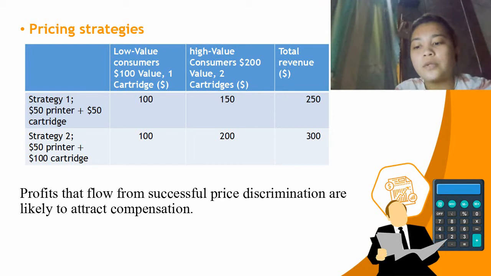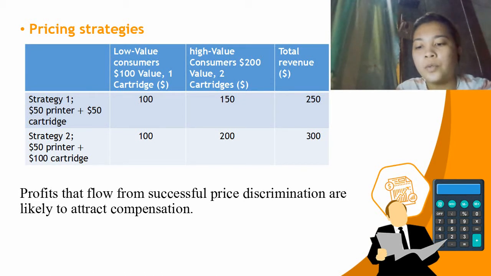We compute the revenue of two different pricing strategies in this table. In row 1, we compute the revenue from pricing printers at $50 and cartridges at $50. We see that the low-value consumers would pay $100, whereas the high-value consumers would pay $150.